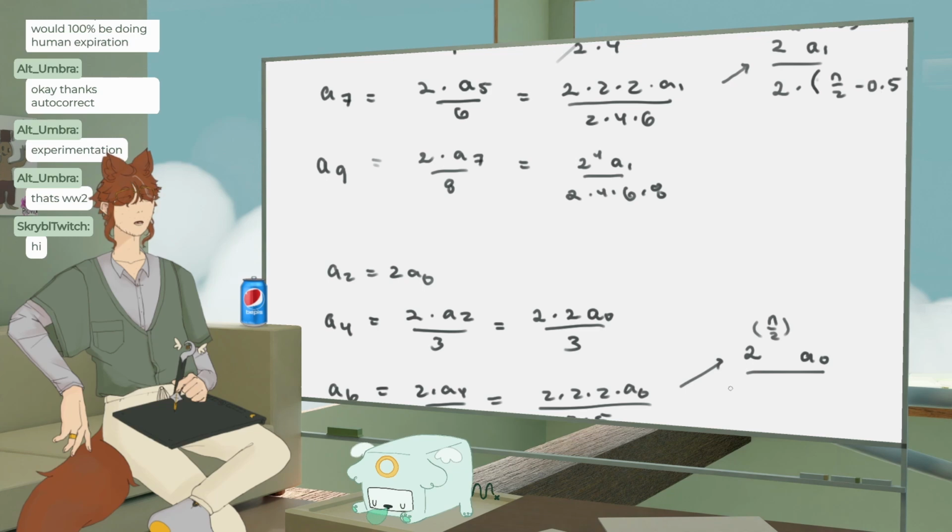3, 5, 7. How do I get 3, 5, 7 out of a factorial? Oh my god, my brain. Okay, we have to start with 7. Maybe we don't. What if I divided the factorial by a different factorial? Then it would get rid of the terms, sort of, not really in the way that I want. Okay, 3. What if I did 1.5?